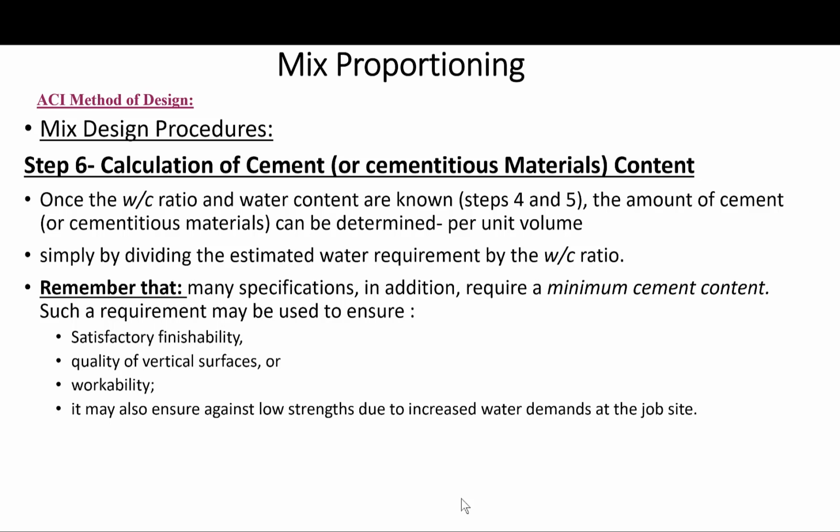However, many specifications, in addition, require minimum cement content. Such a requirement may be used to ensure satisfactory finishability, quality of vertical surface, or even workability. It may also ensure against low strengths due to increased water demand at the job site, which we said we should never add.